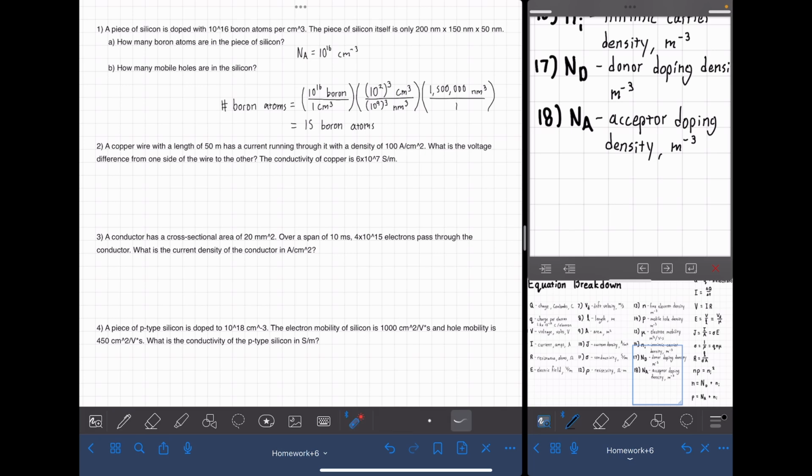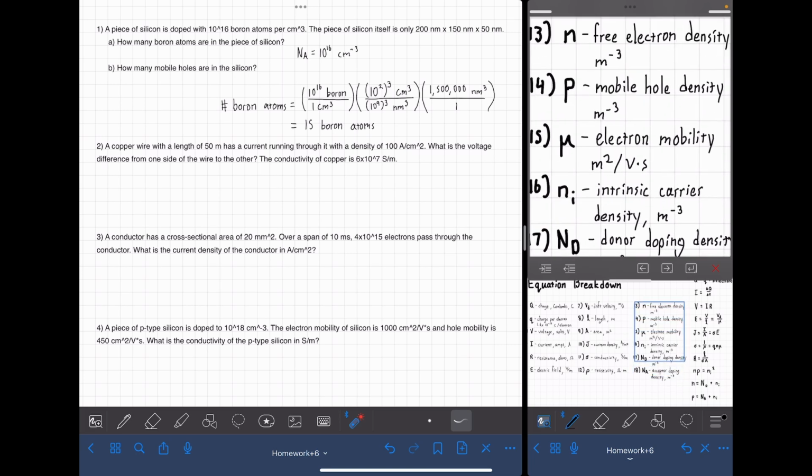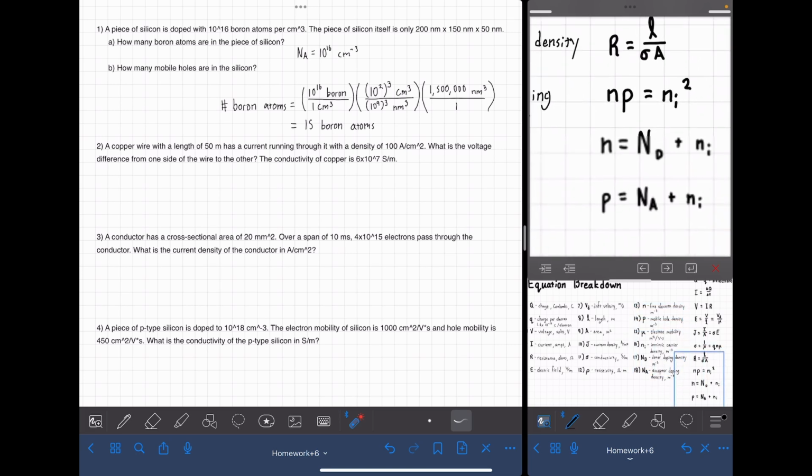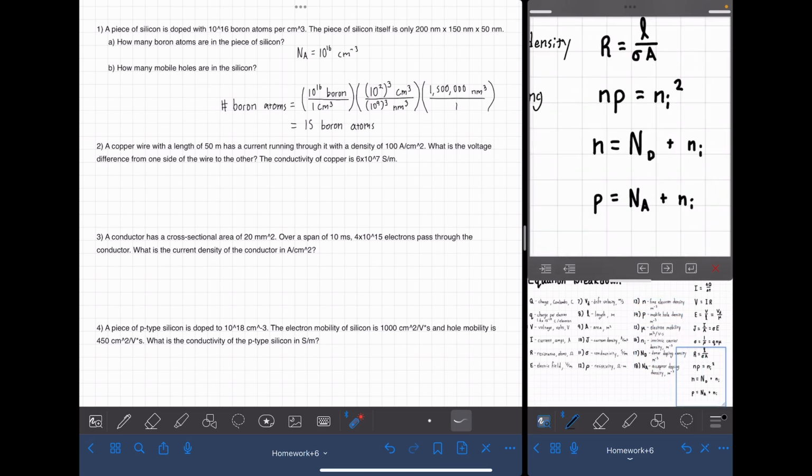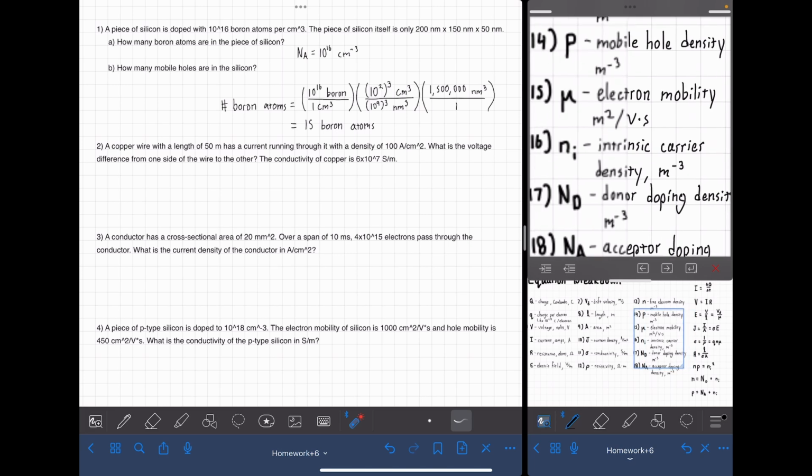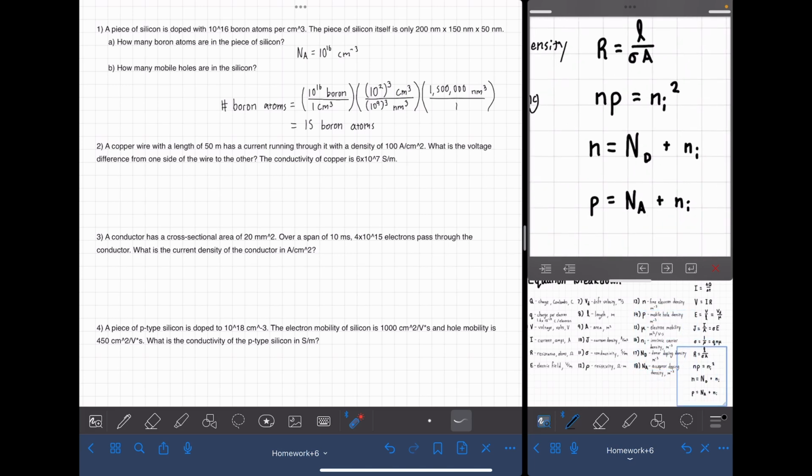The next part of this question is to find out how many mobile holes are in the silicon. If you remember from over here, our mobile hole density, P, is defined as the boron or acceptor density plus the intrinsic carrier density of the silicon.